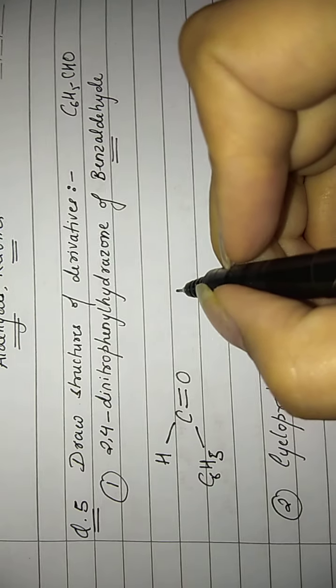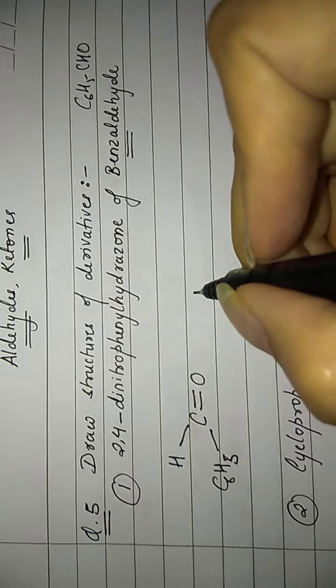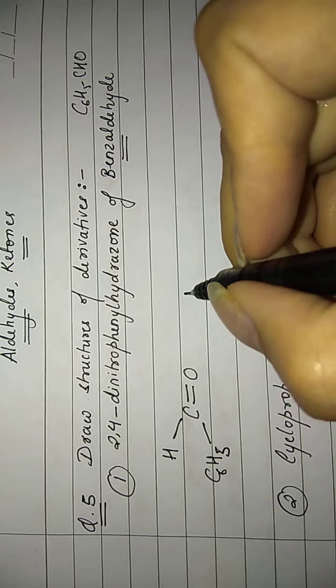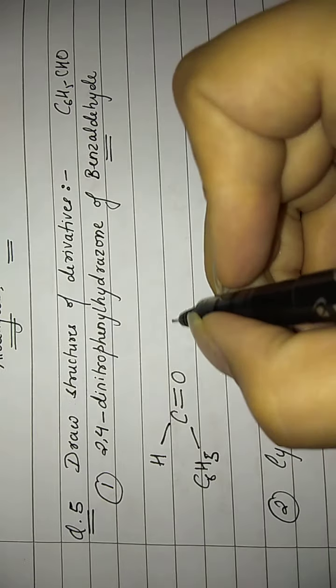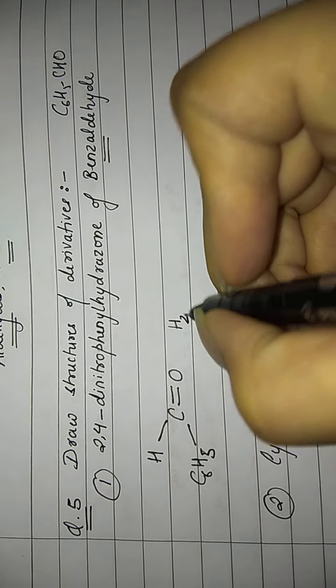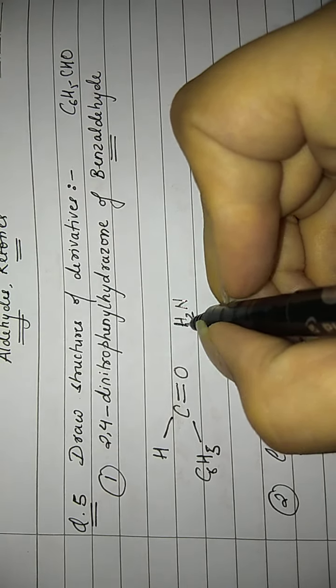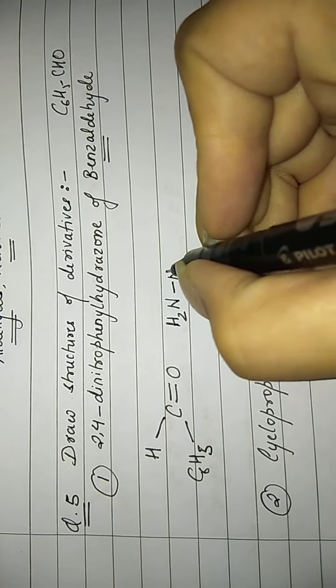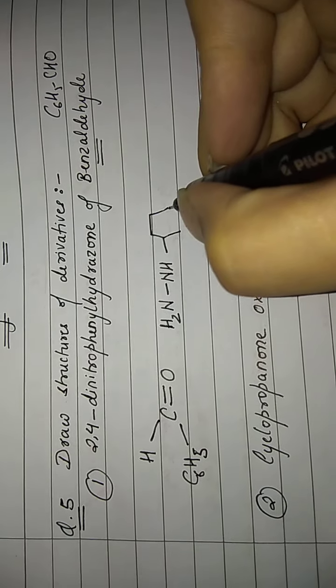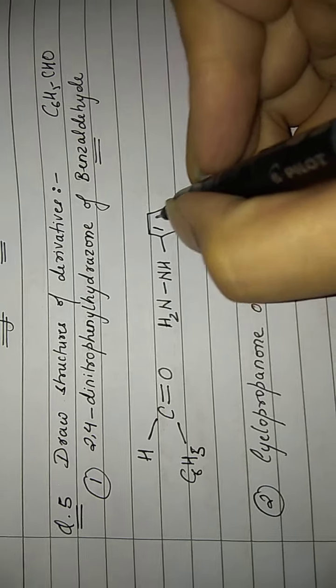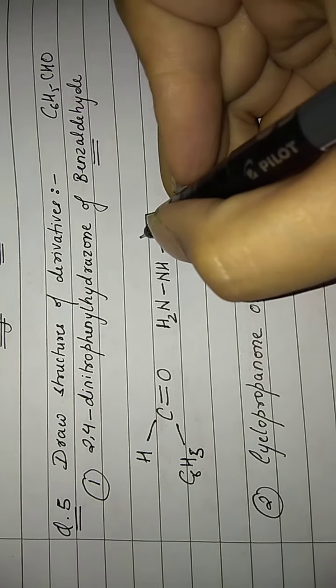benzene ring. Now the 2,4-dinitrophenyl hydrazone derivative is formed by using the reagent 2,4-dinitrophenyl hydrazine, which is H2N-NH, then you have the benzene ring, 2,4-dinitrophenyl.